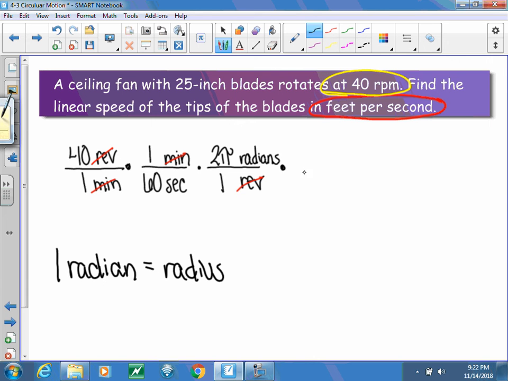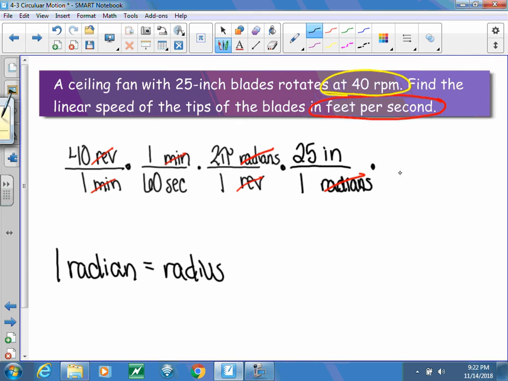So 1 radian is going to be equal to my radius, and since my radius is 25 inches, 25 inches is equal to 1 radian. Now I'm able to cancel out my radians, and I am currently in inches per second.